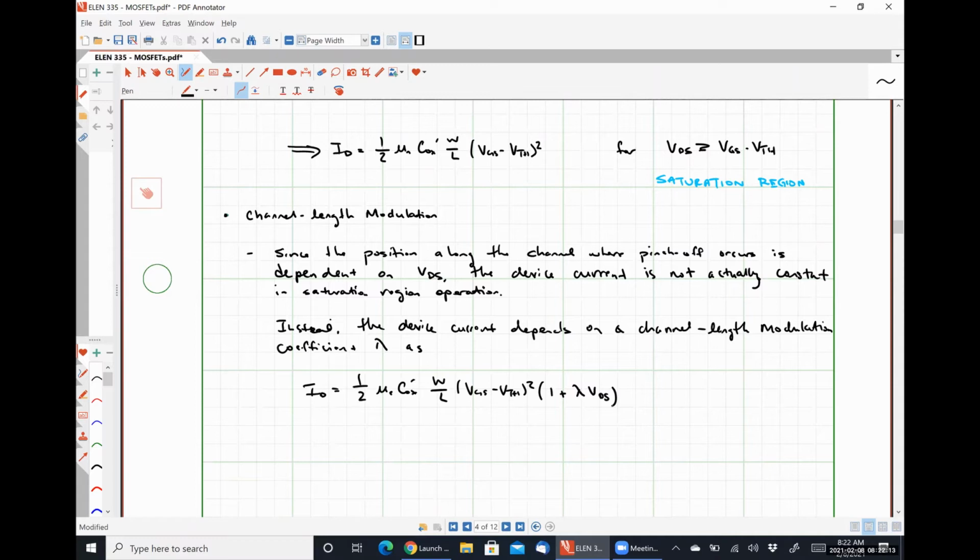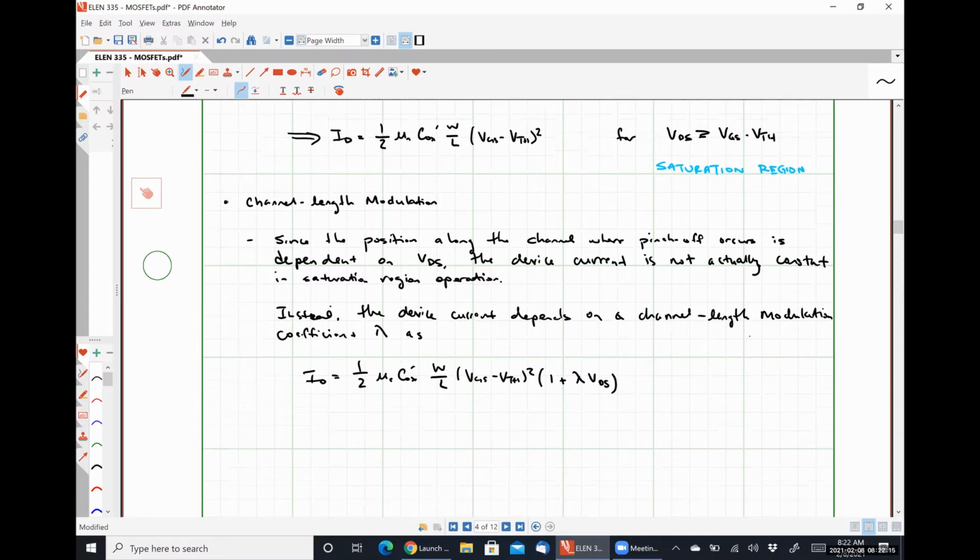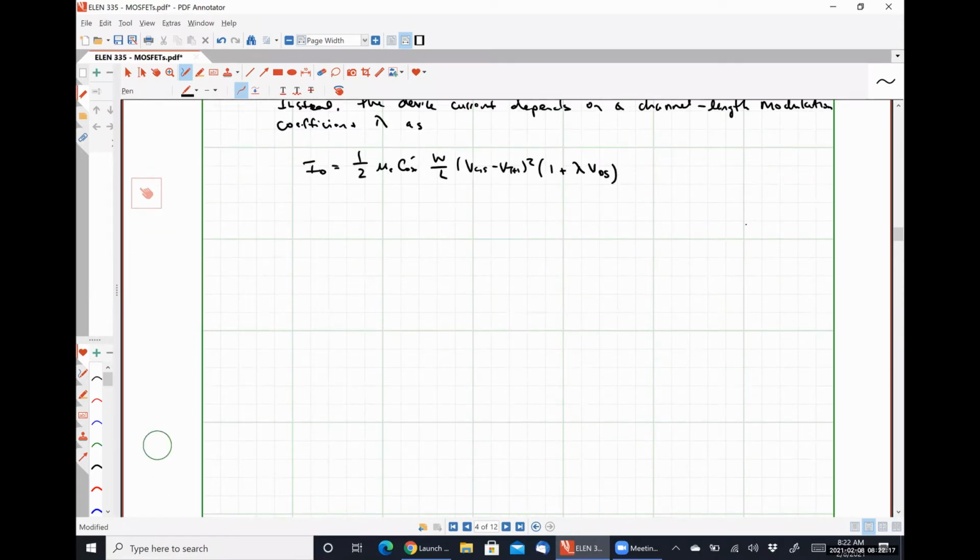All right, so with channel length modulation included, let's draw a quick picture of what's going on here. This is going to be ID as a function of VDS.